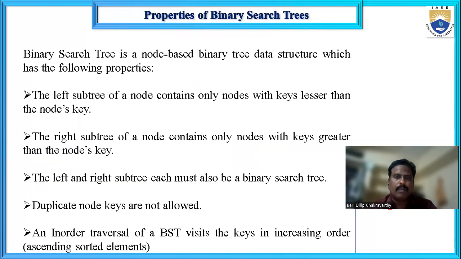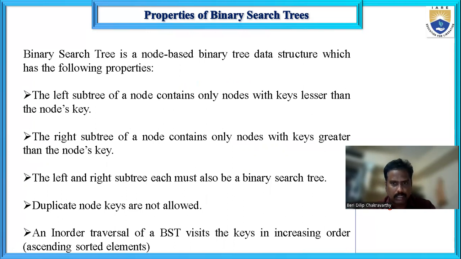So there are some properties of binary search trees. In order to say this tree is a binary search tree, what are those properties? A binary search tree is a node-based binary tree data structure which has the following properties. The left subtree of a node contains only nodes with keys lesser than the node's key. So on the left side, you'll have only the keys that are less than the root node.